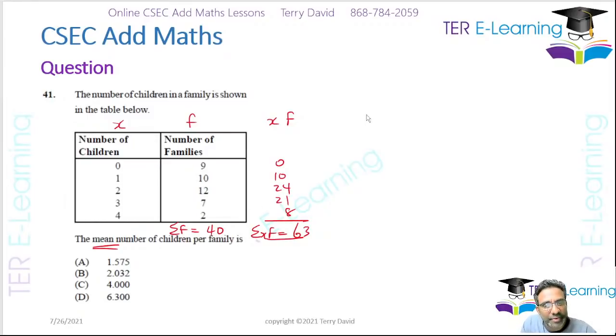Now if you want to find the mean, x bar is equal to sigma xf over sigma f. So this is 63 divided by 40. And what I'm going to get here is 1.575. So my answer is E.